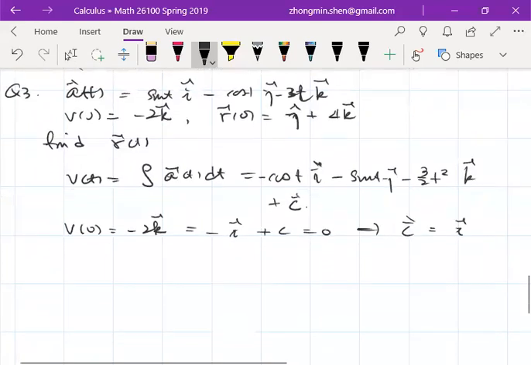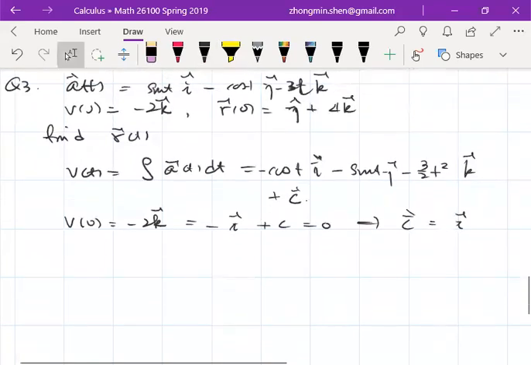So just 1 minus cosine t. You can write down the formula, and you can do it later together, but I prefer to find the velocity function first.